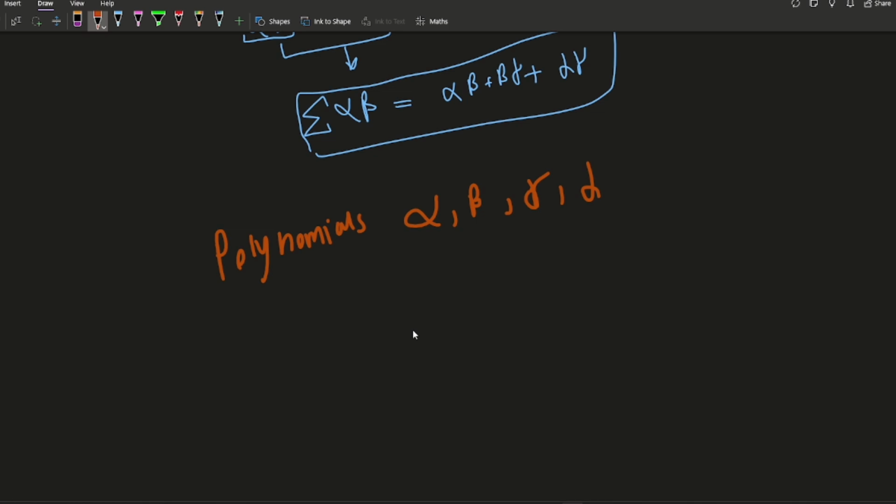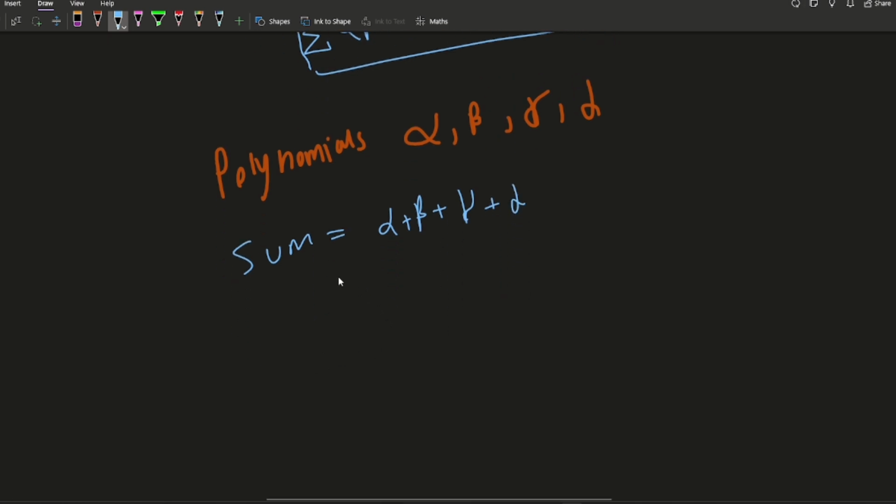The sum would be alpha plus beta plus gamma plus delta. We can basically write it as sigma alpha. This represents this.